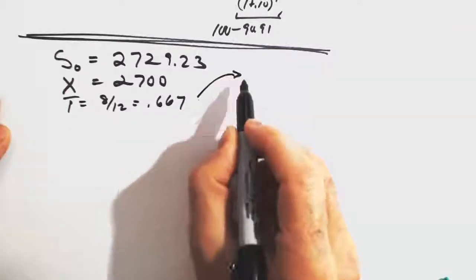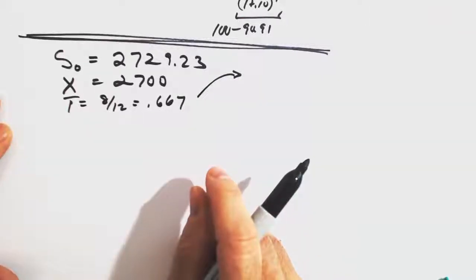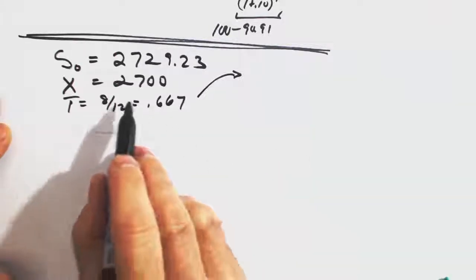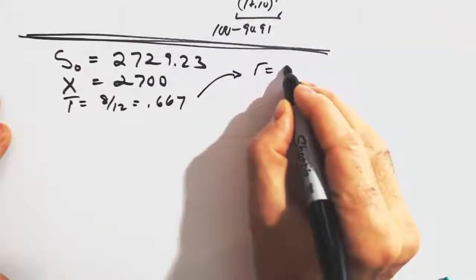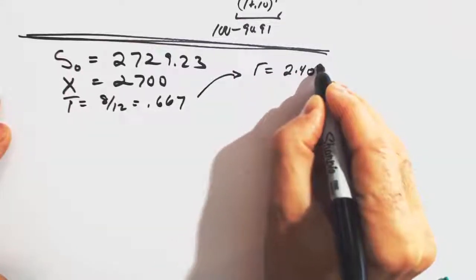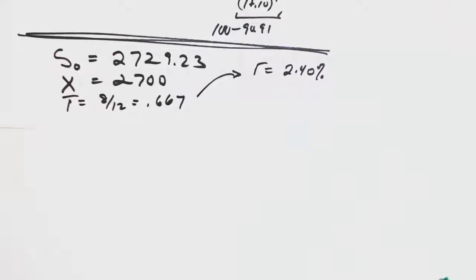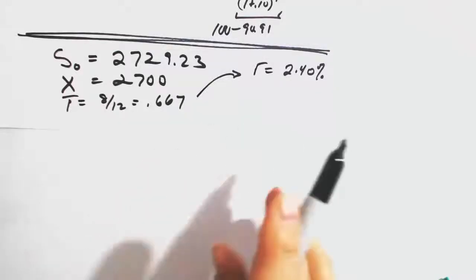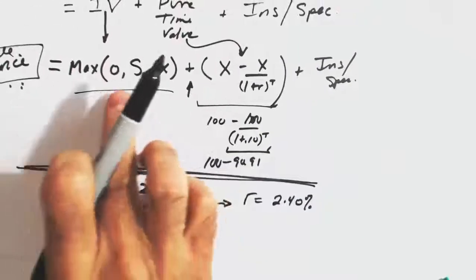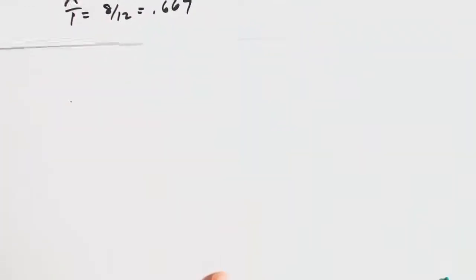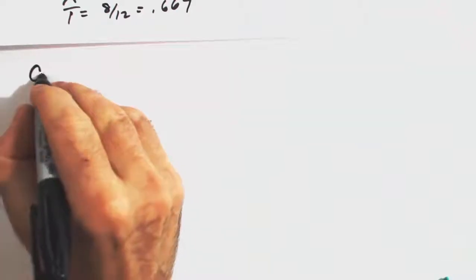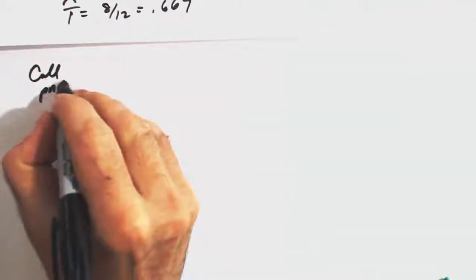In November 2018, when we looked at these prices, the risk-free rate was about 2.4% for a 3-month treasury bill. Now we have all the information to fill in over here and back into what the insurance or speculative value is. So call price or value.